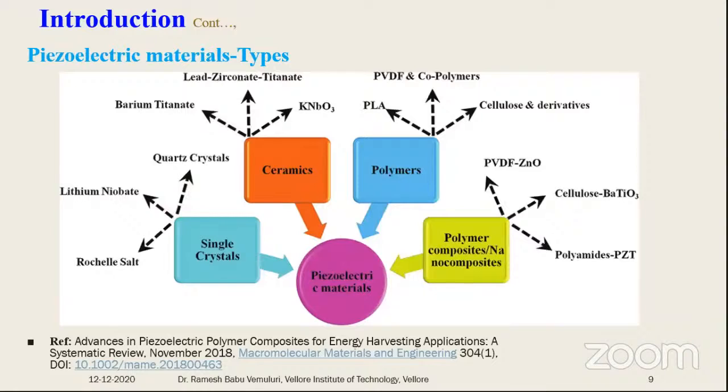What are the various types of piezoelectric materials? There are single crystals, quartz, lithium niobate and Rochelle salt, and then from the ceramic perspective, lead zirconate titanate and barium titanate types, and there are polymers, celluloses, and then polymer composites and nanocomposites. So they are also covered in this category.